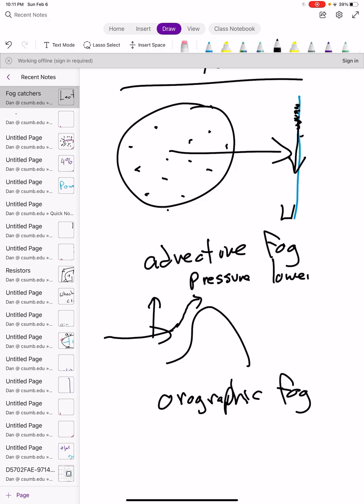So even without any exchange of heat, processes that don't involve exchange of heat are called adiabatic processes. Without any heat exchange, what happens is the moisture that's in the air, as it rises, the air cools, which is something I find fascinating.